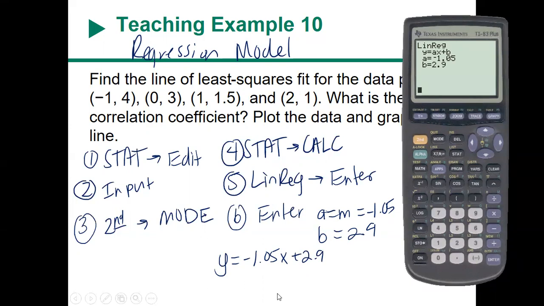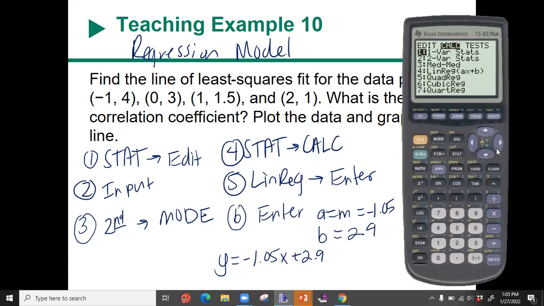For your correlation coefficient, you go back to stat, go to calc, and it says 2 variable stats. You hit enter, and your coefficient did not pop up. It used to be there. Hold on. Yeah, it's not there. I'll figure that part out, but right now we're just going to roll with it.